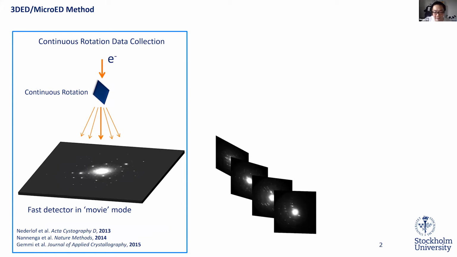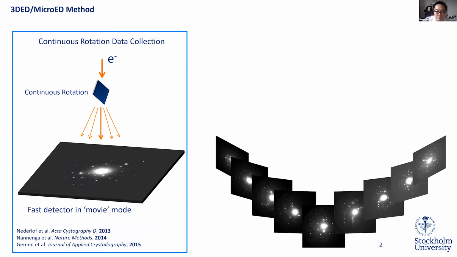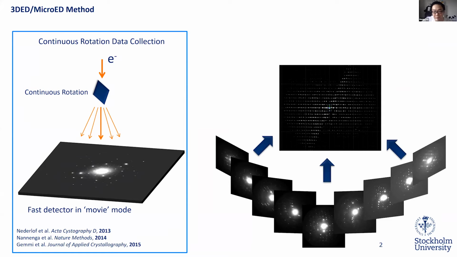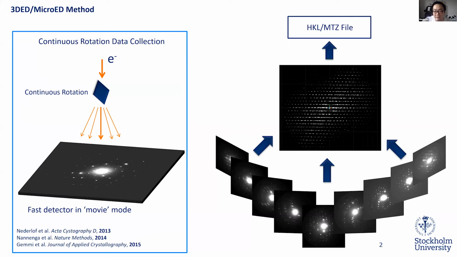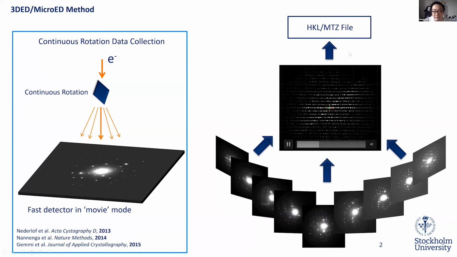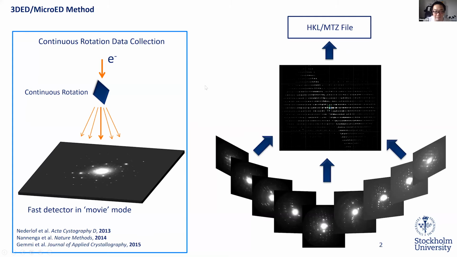After we have collected data, we can reconstruct the 3D reciprocal lattice and then extract the intensities from indexed peaks. This can be done with our in-house software RED-P and also with standard X-ray software, and most of the X-ray software works really well with electron diffraction data.